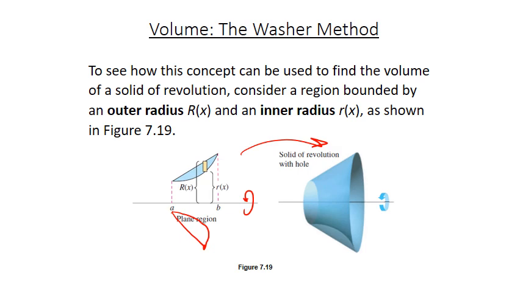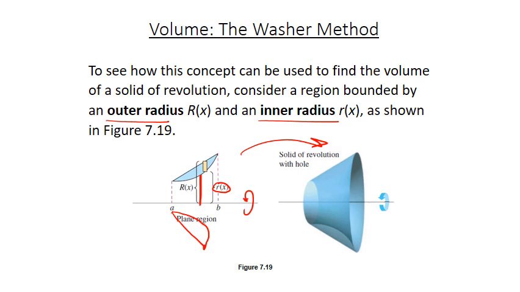So if I'm looking at this, it's helpful to identify what the inner radius is and what the outer radius is. So looking at this, the inner radius is going to be the distance from the axis of revolution to the object, the inner portion of the object. This is going to be the inner radius, or little r of x.